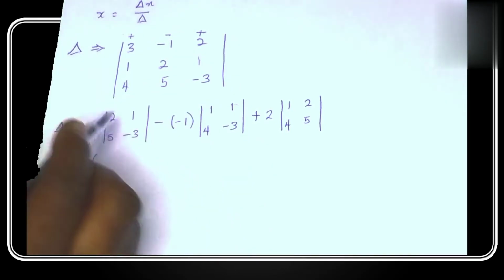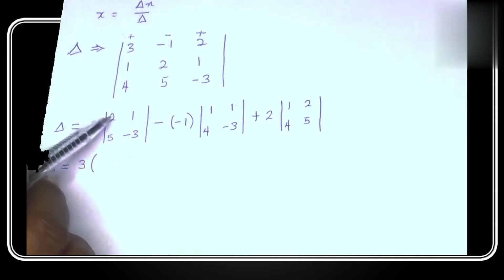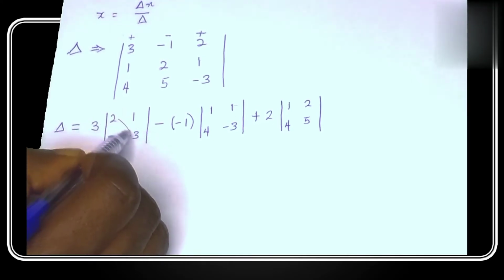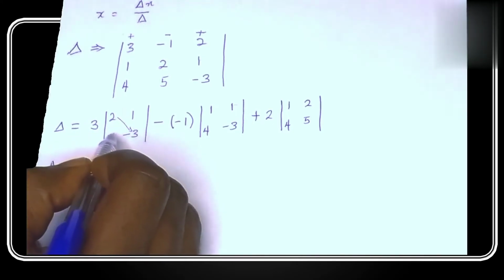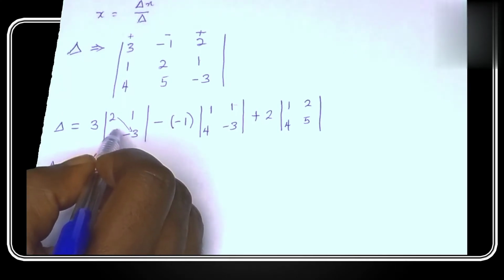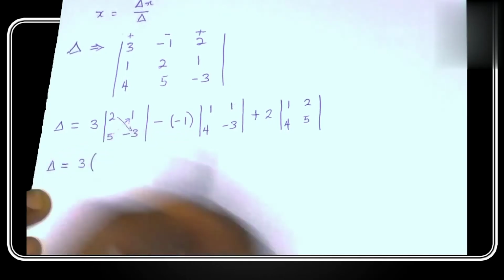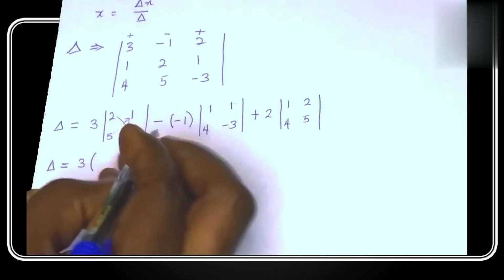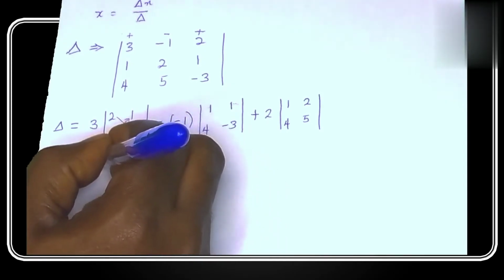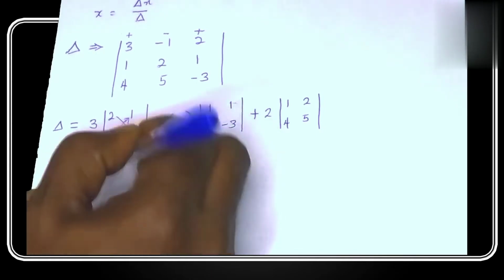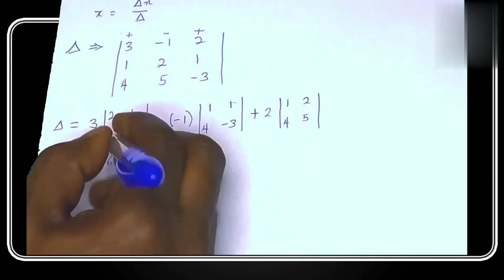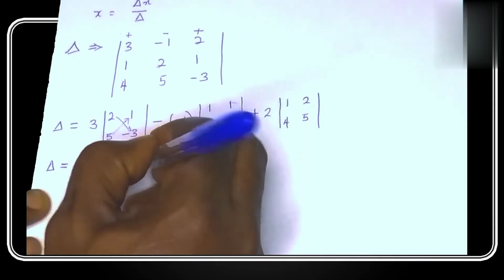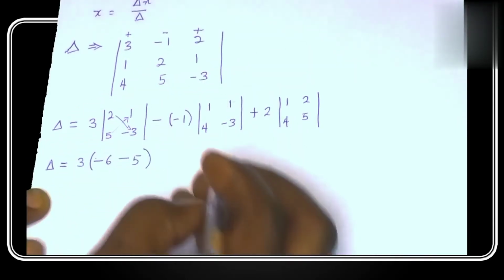The rule of solving a 2 by 2 matrix is to find the product of this diagonal and put it down, then subtract the product of this other diagonal from it. So we have 2 times minus 3 will be minus 6, minus, we are subtracting the product of this diagonal from it, minus 5, because 5 times 1 will be 5.